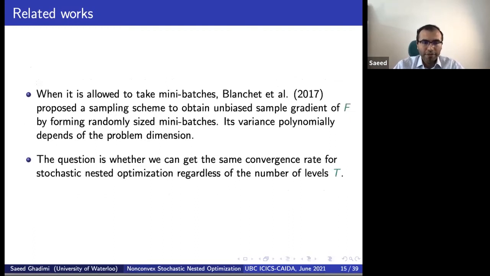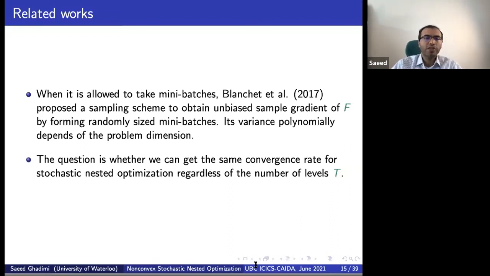So as I mentioned in the first slide, there is a work showing that by using some techniques, we can get an unbiased estimator for the gradient of this nested function. However, the variance of that estimator polynomially depends on the problem dimension, and that appears in the convergence rate.